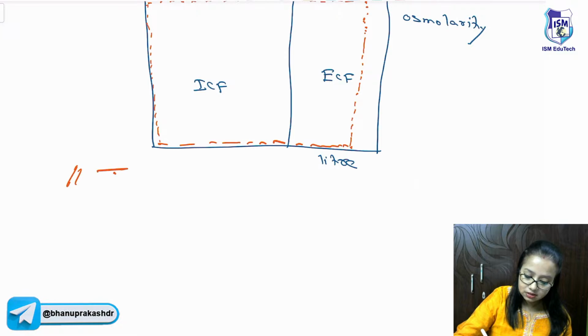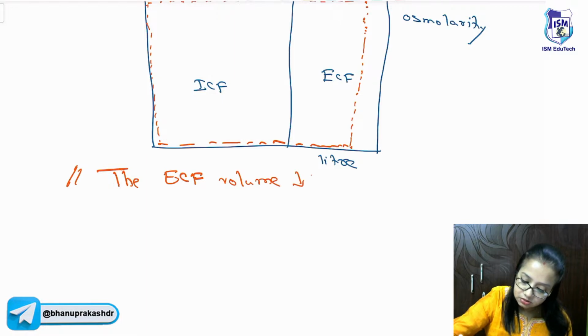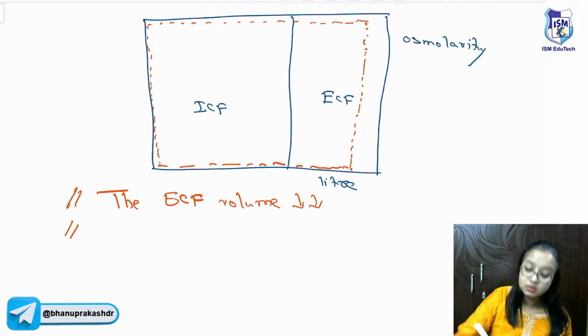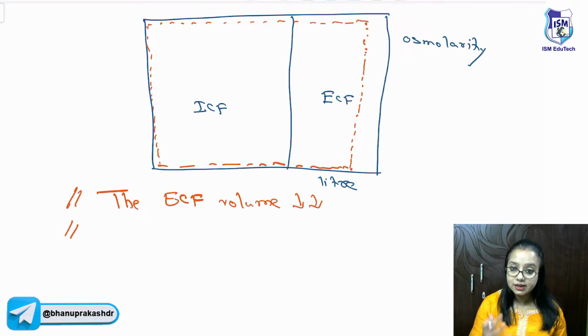The ECF volume decreases. Since there is no change in the osmolarity, there will be no shifting of the liquid. Only the ECF volume will decrease. Now, if the ECF volume decreases, that means in plasma the water portion is less, right? So in the blood, the water portion has become less.